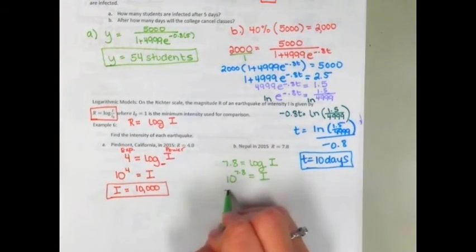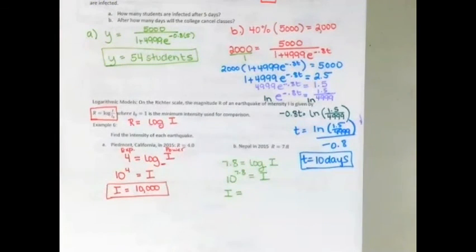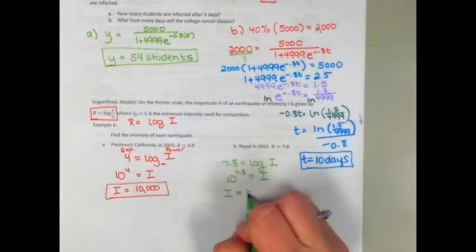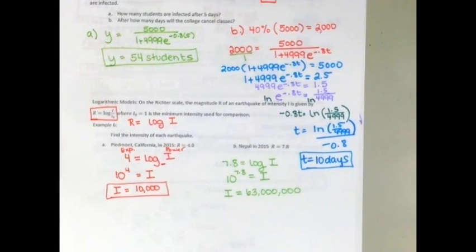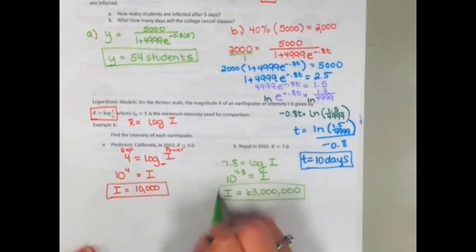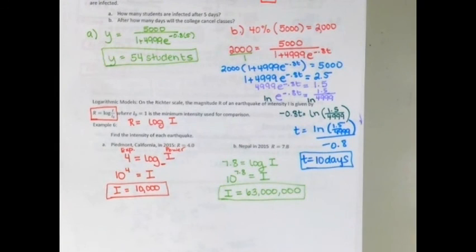And so my intensity would equal, what is 10 to the 7.8 power? 63 million, roughly, right? Yeah. All right. I'm just going to say 63 million. Are you guys okay with that? Typing all that in. All right. And there we go. Any questions with this? Yes. Are you sure? Yeah. Okay.